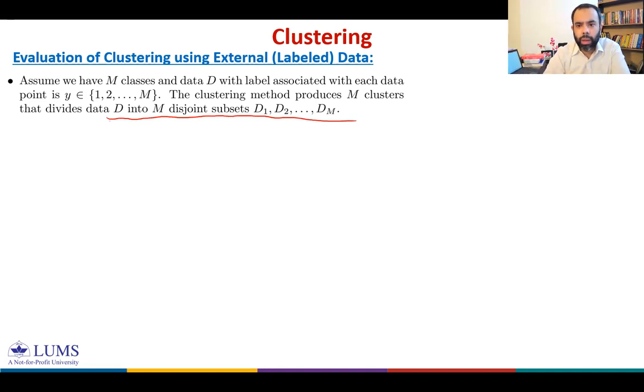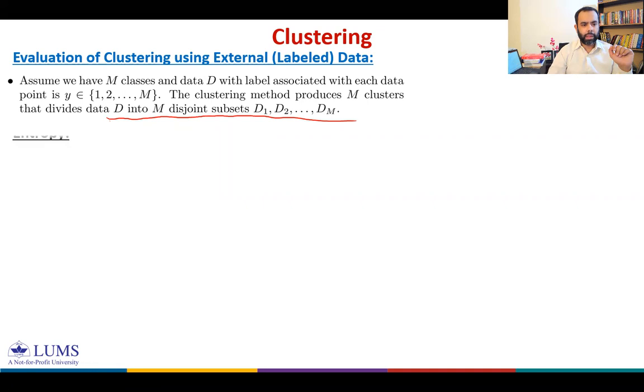Right? So if these disjoint subsets, so these clusters, follow the same grouping we had with respect to classes, we say our clustering algorithm could separate data points for different classes very nicely. But to quantify this, we define two measures, entropy and purity.